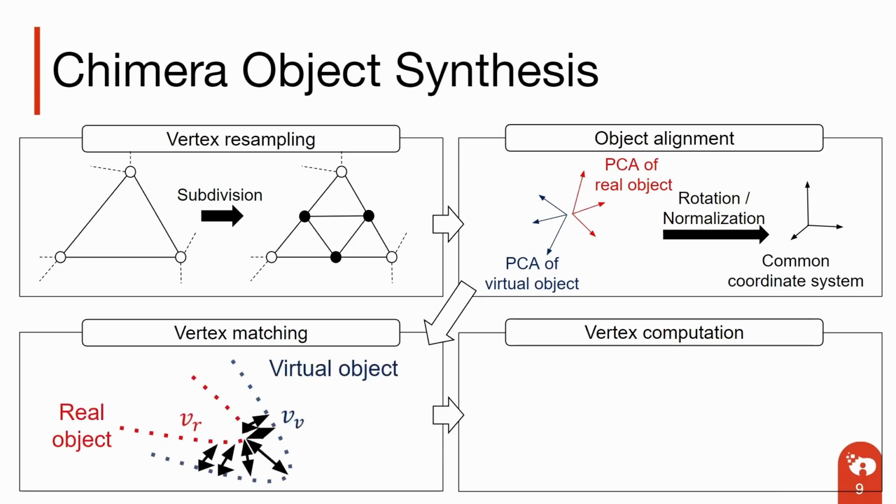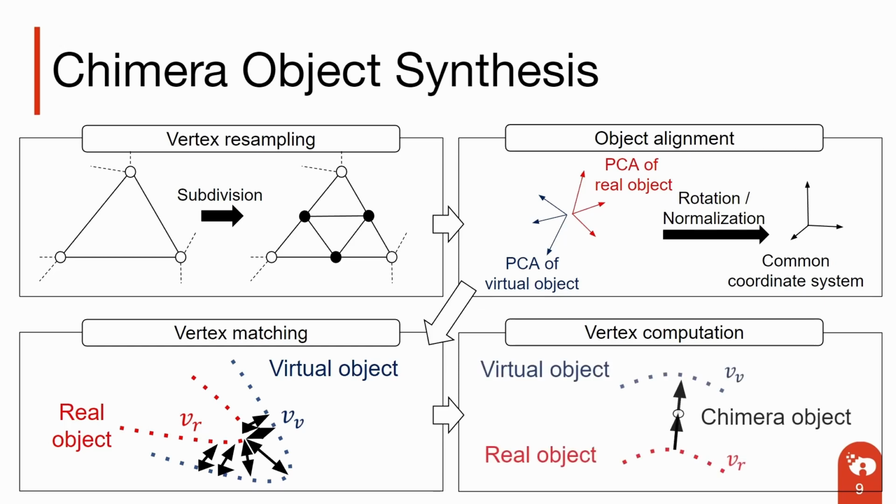The next step is to find vertex matching between the two objects so that every point on the real object has a corresponding point on the virtual object. Finally, a new vertex of the chimera object is generated between each vertex pair with an appropriate weight, and its surface is created using Poisson surface reconstruction. The vertices of a chimera object are closer to the real object for the part the user will touch and closer to the virtual object otherwise.